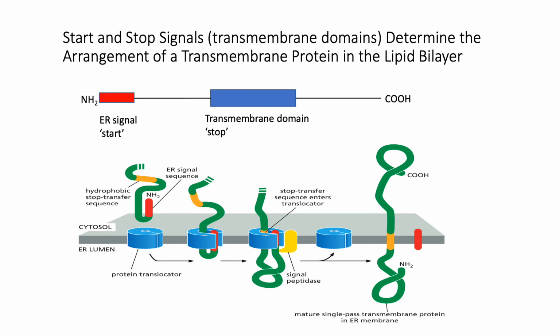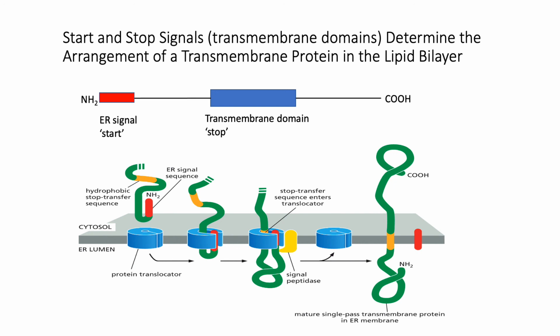I'll show you a multi-pass membrane protein in a second. Okay, so looking at the bottom basically just describes what happens. So you have the beginning of it. It's not showing the ribosome, but you're showing the co-translational transfer taking place. So of course the red ER start signal gets passed in through the protein translocator.